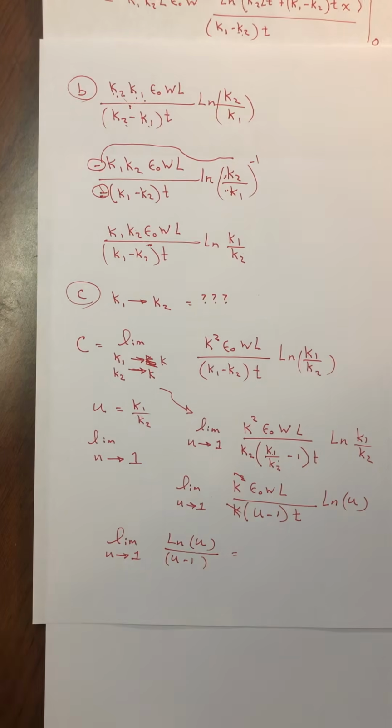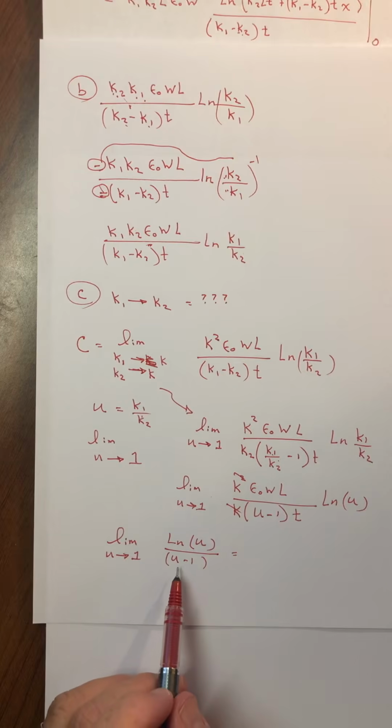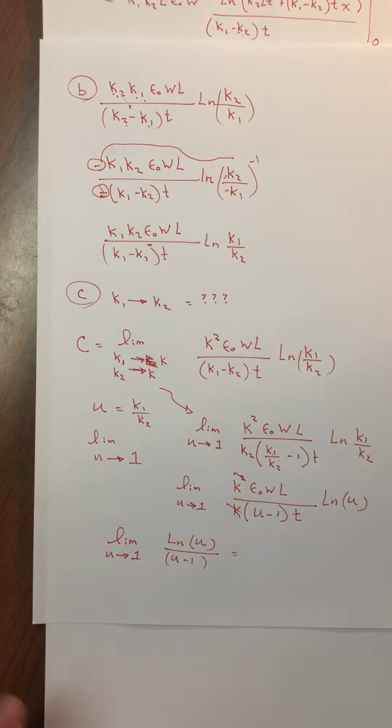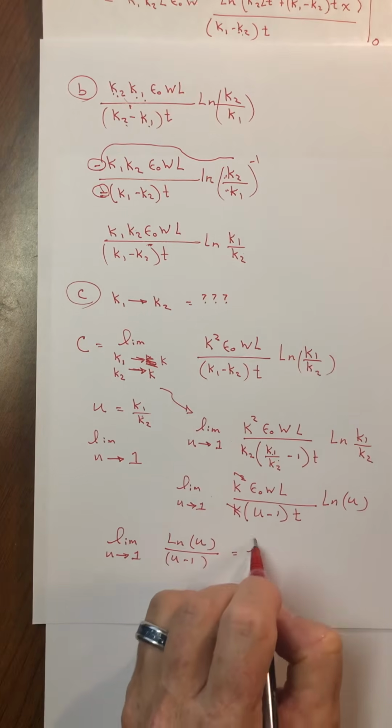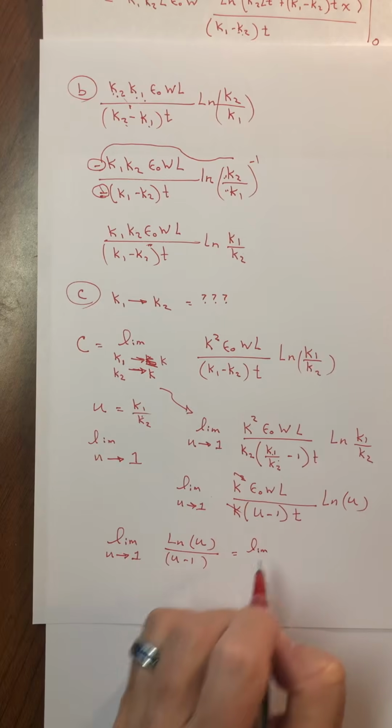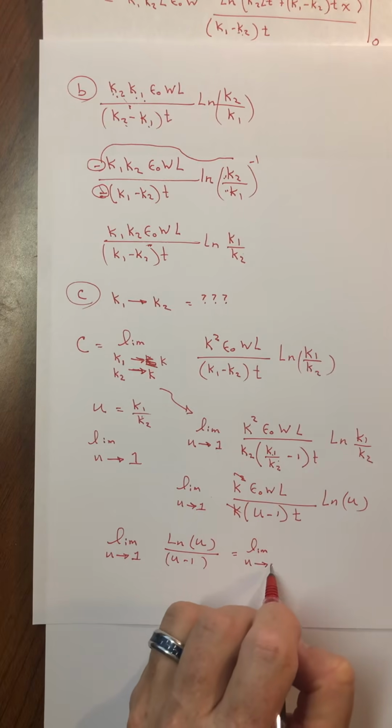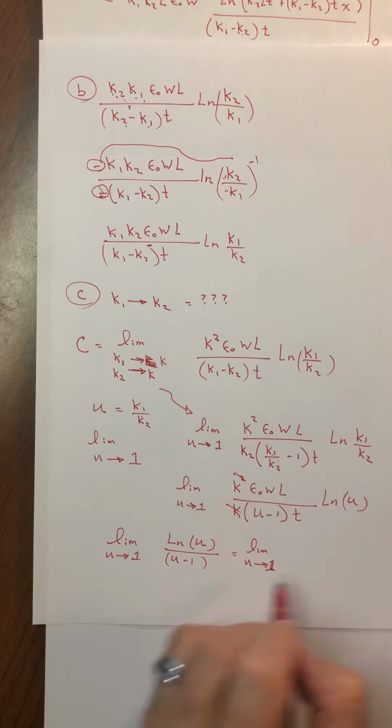And this is the trickiness of this one, because this is what you learned in your calculus class. You have a denominator that goes to 0, but you also have a numerator that goes to 0. The natural log of 1 is 0. So this is where L'Hopital's rule comes in. So let me take the derivative of the top and the bottom and take the same limit.